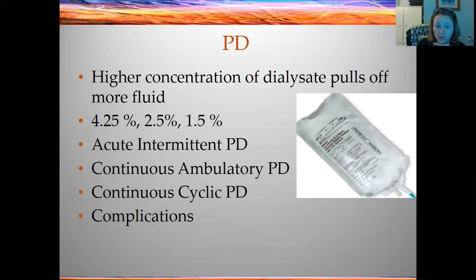Continuous ambulatory peritoneal dialysis is the second most common form of dialysis next to hemodialysis. So it is performed at home by the patient or by a caregiver, and it allows the patient to have a reasonable amount of freedom and control over their daily activities.